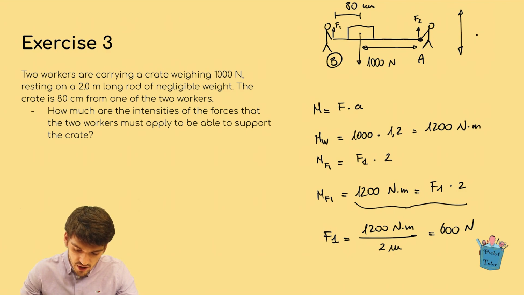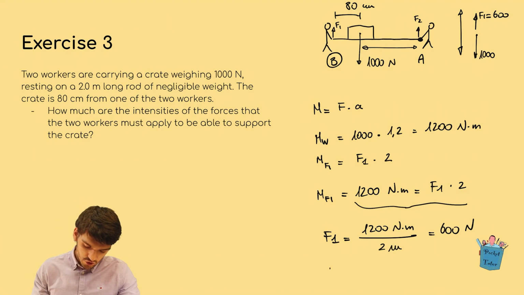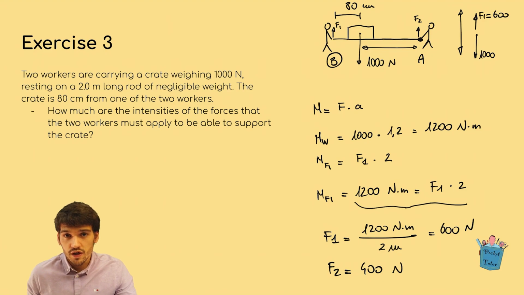And since we have a downward force of 1,000 newtons given by the weight, and an upward force F1 equal to 600 newtons given by the first worker, the second worker must be applying a force equal to 400 newtons, which means that F2 must be equal to 400 newtons in order for the system to be in equilibrium.